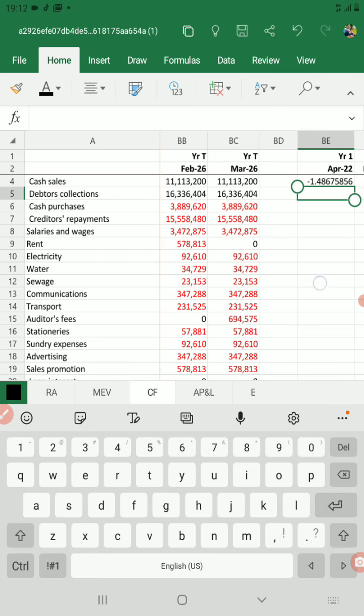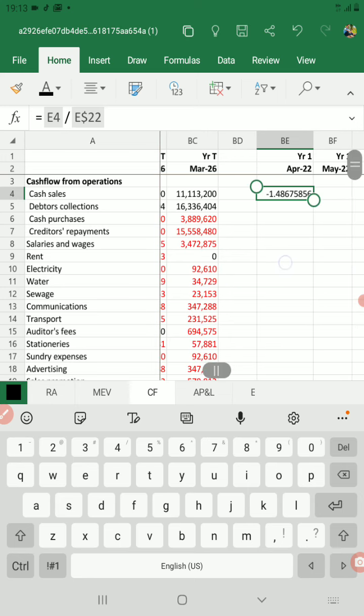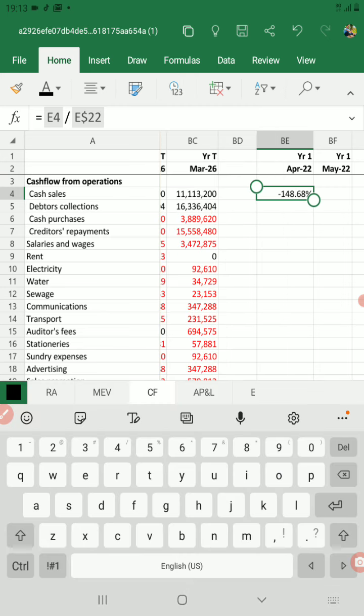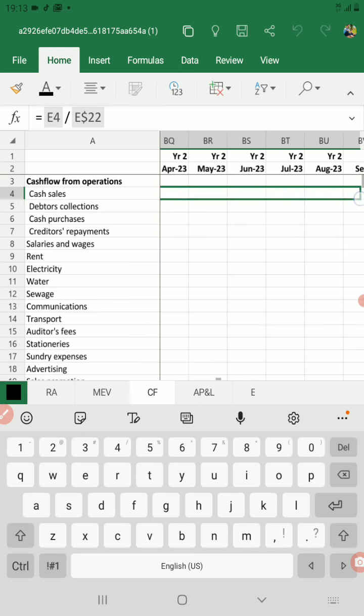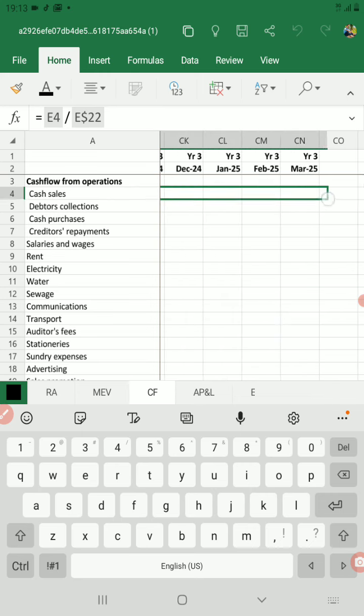Okay, so I'm done with that, and as we did in the previous, we use percentage. Let us use percentage first here, and then we will change it later. So that is the percentage, and I can drag now to fill this throughout our projection periods up to here.